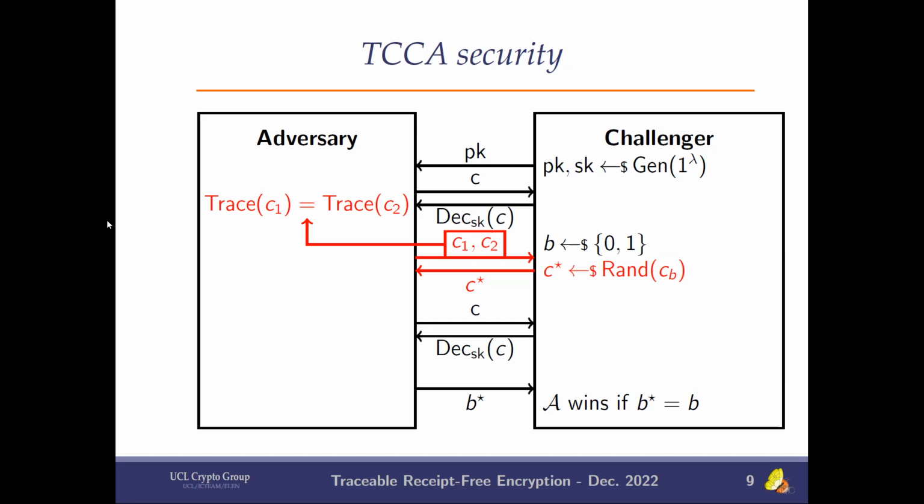And so we put a restriction on the challenge, and we make sure that the traces are equal. Otherwise, it's too easy. And also, since the ciphertexts are malleable, if you randomize it, it would be easy to win the game. And so we ensure that the traces of the post-challenge decryption queries are different from the challenge ciphertext.